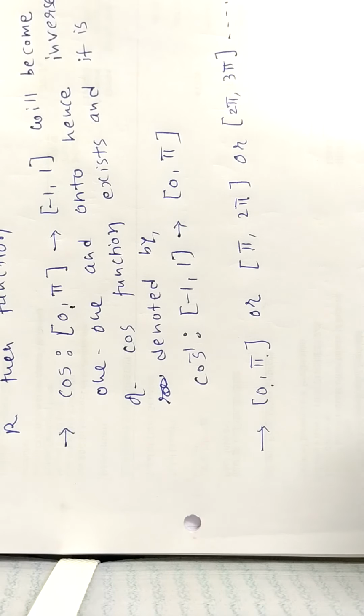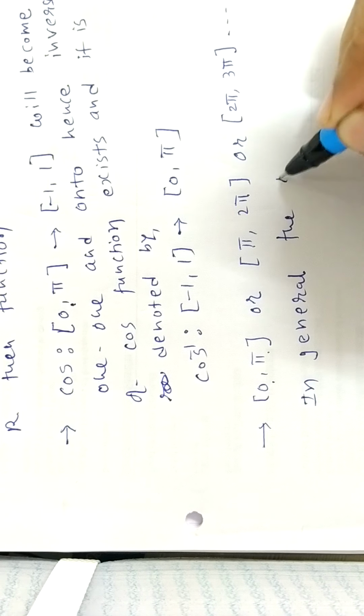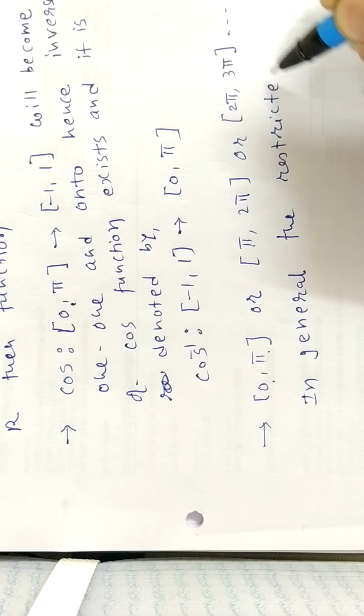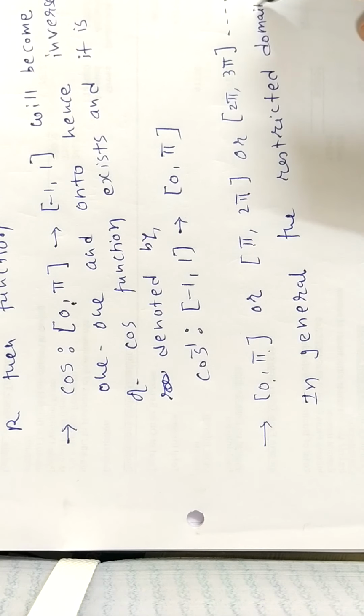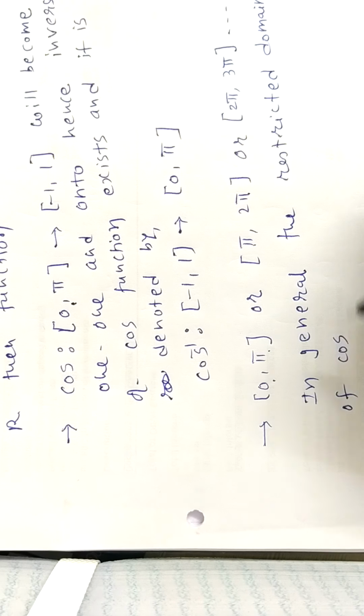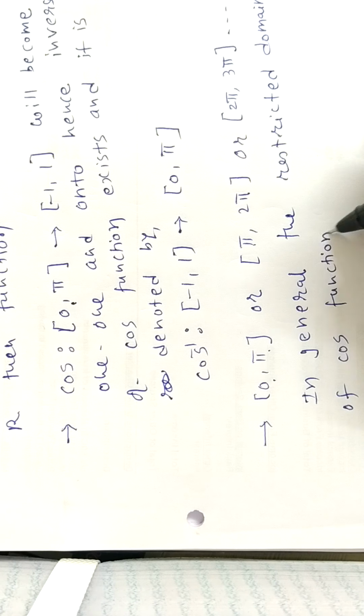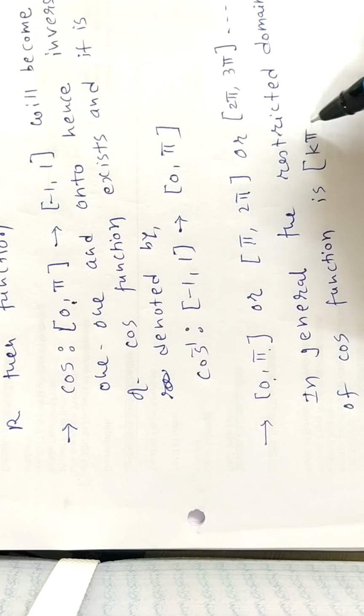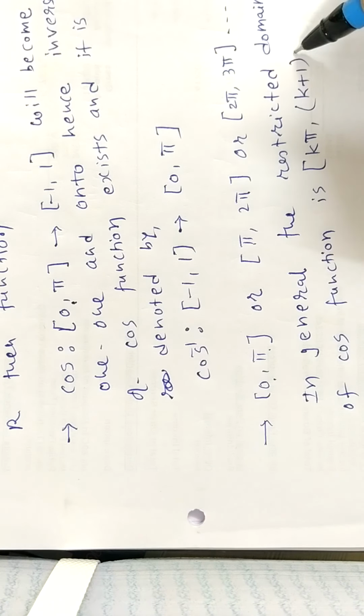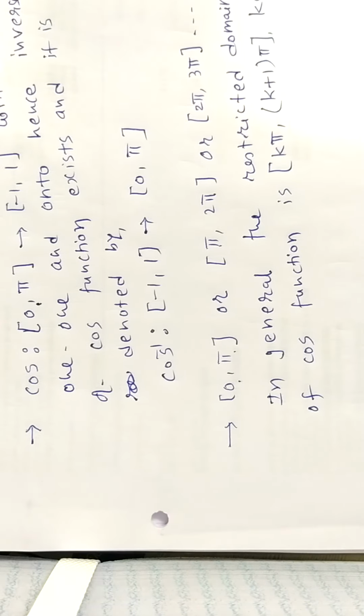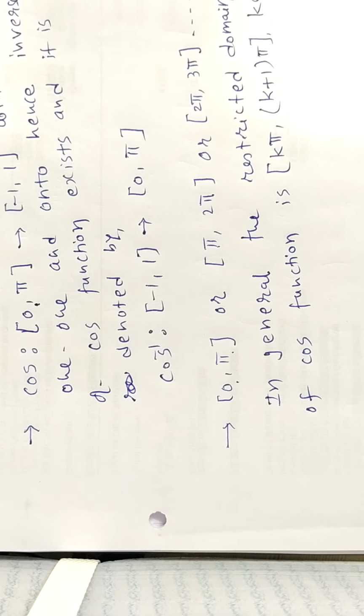In general, the restricted domain of cos function is k pi to (k plus 1) pi, where k belongs to Z. So we can take 0 to pi, pi to 2 pi, 2 pi to 3 pi. In all intervals, cos function becomes 1-1 and onto.